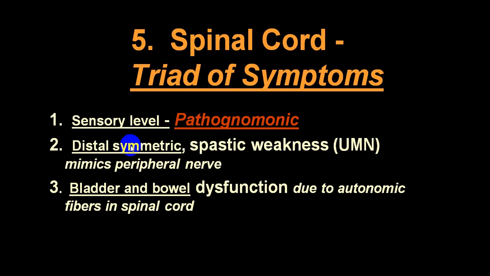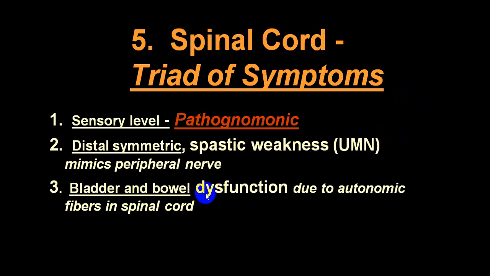Below the level of damage, we'll always have an upper motor neuron type of damage, like spastic weakness, increased tone, brisk reflexes, and the plantar will be extensor. That will be very peculiar. At the level of damage, it will be a lower motor neuron type of damage. And above the level of damage, no involvement of the motor system. This is characteristic of spinal cord damage.